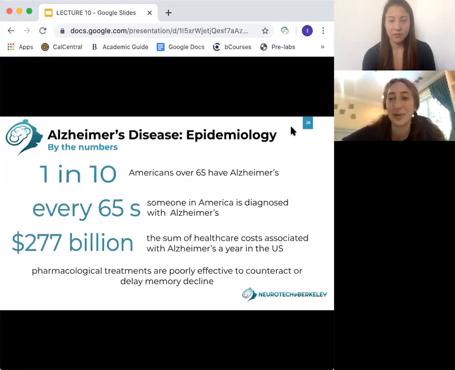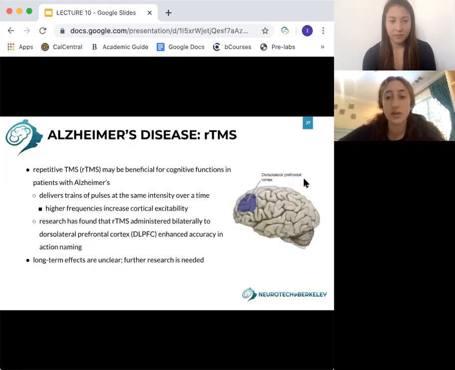So pharmacological treatments are poorly effective to counteract or delay memory decline. As we see, it's very apparent here. One of the techniques that we use to inhibit the symptoms of Alzheimer's is rTMS. Repetitive TMS is proven to be beneficial for cognitive functions such as memory recall or recognition in patients with Alzheimer's.